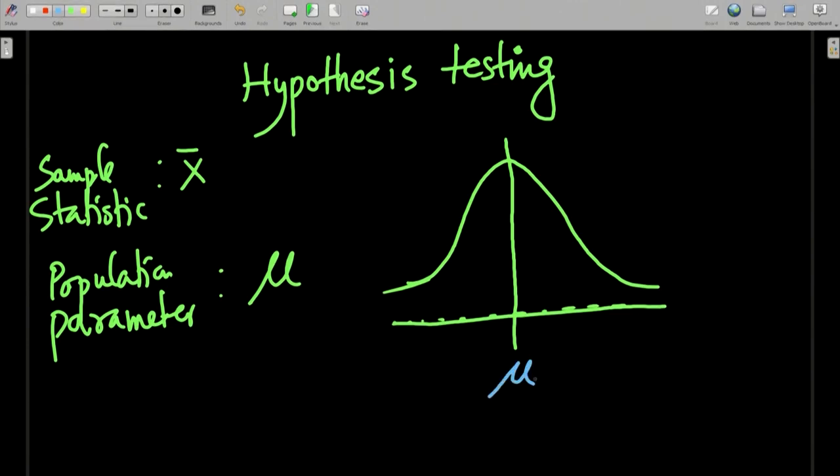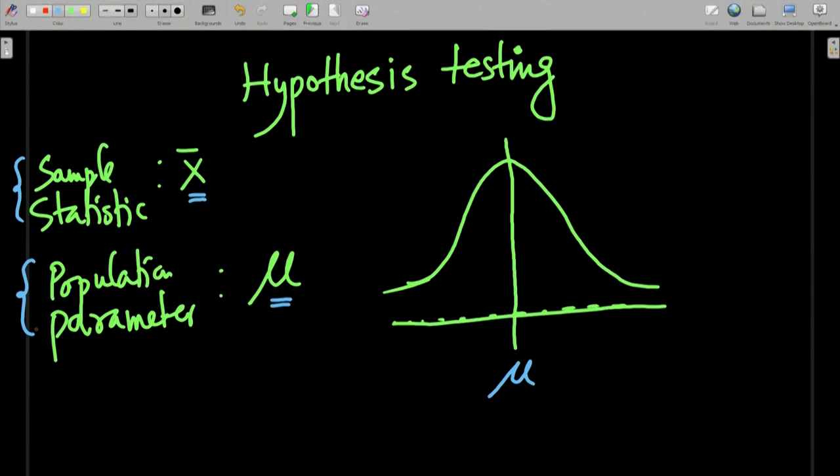Now, I have to estimate this value, or rather, based on the sample statistic, I have to say whether this sample is representing this population, whether the sample statistic is representative of the population parameter.